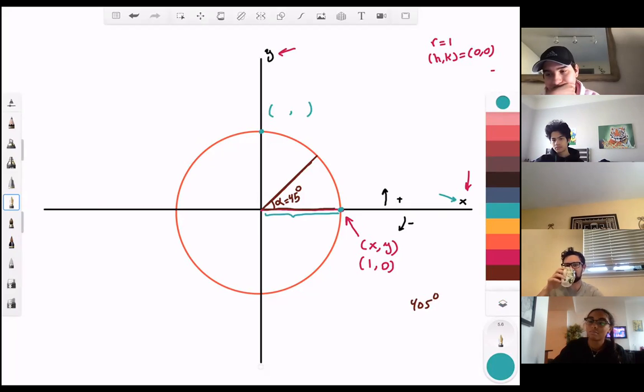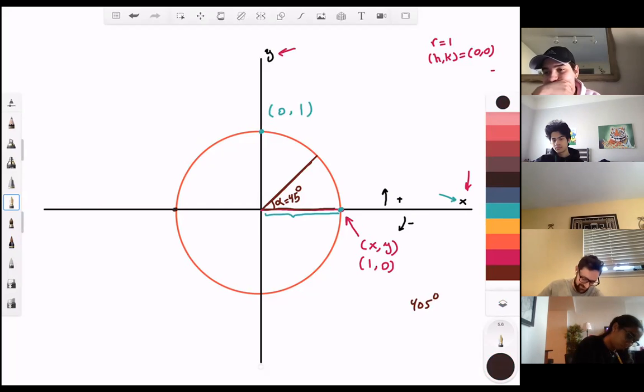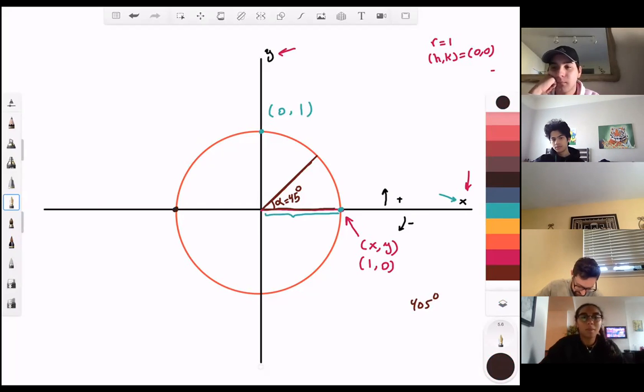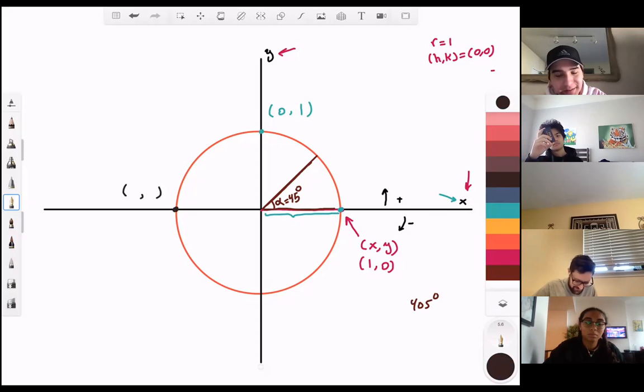You mean 1, 0, 1, yeah. I made a mistake. What about this point? Mario, what point is this? The black one? Yeah. That's -1 and 0. And this one is 0, -1.